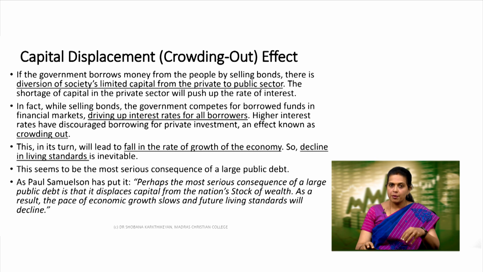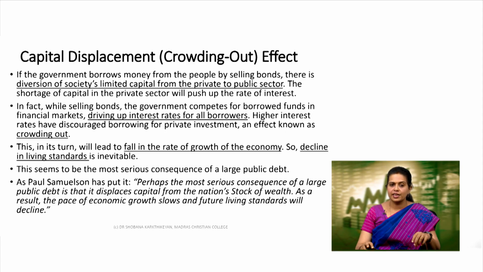But when the government vies for the limited pool of money, there is too much competition. Therefore, this raises the interest rates for all borrowers in the economy. This effect is called the crowding out effect in economics. So very clearly, private capital formation takes a huge beating when we talk about public debt. That is the second one.